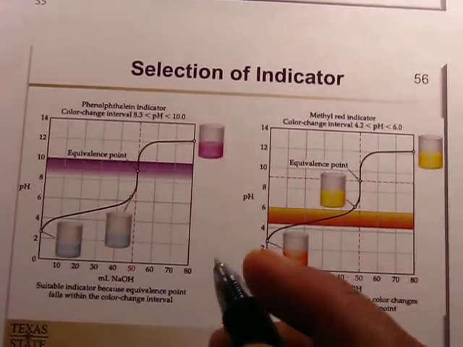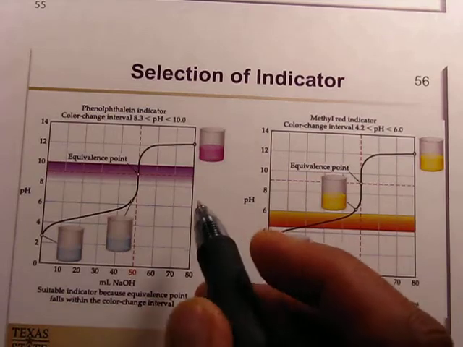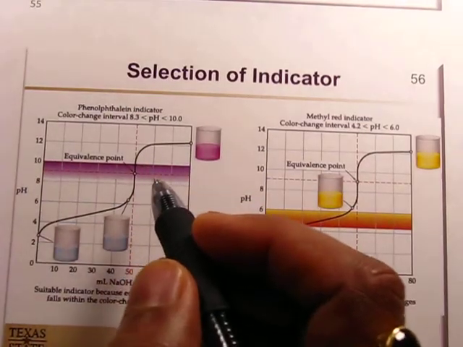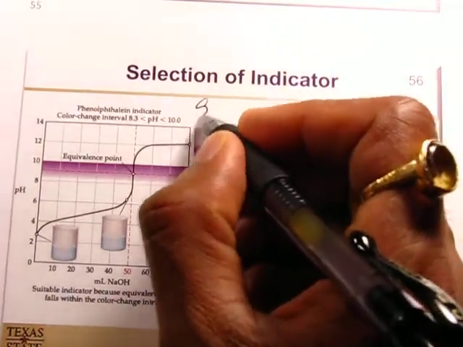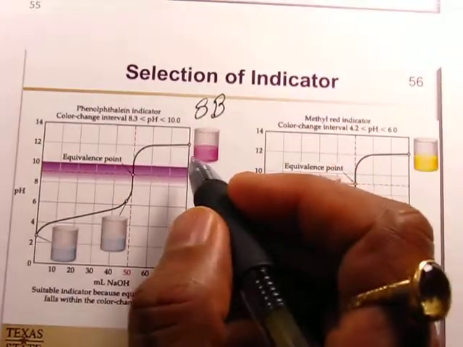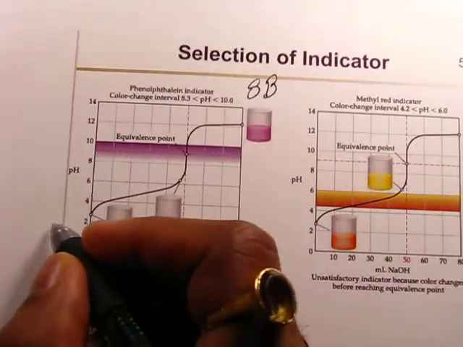So here you can see, if we are going to start with phenolphthalein, in this case we have to start with the strong base and weak acid is here.